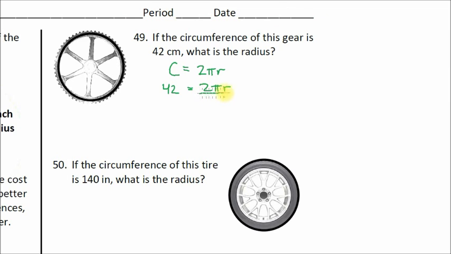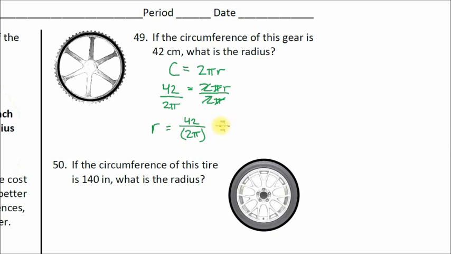Well, we got to get r by itself. We want to know the radius. We're going to divide both sides by 2 pi. That's going to cancel the 2 here, cancel the pi here, and you end up with r is equal to 42 divided by 2 pi.